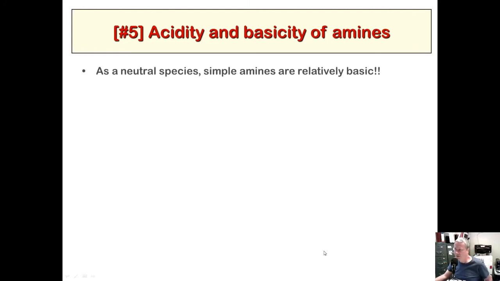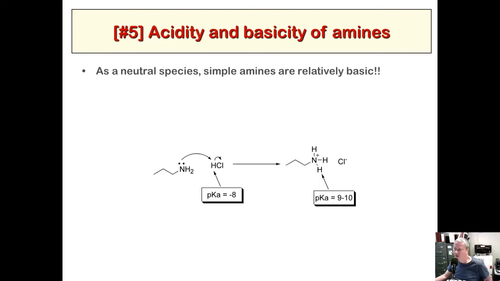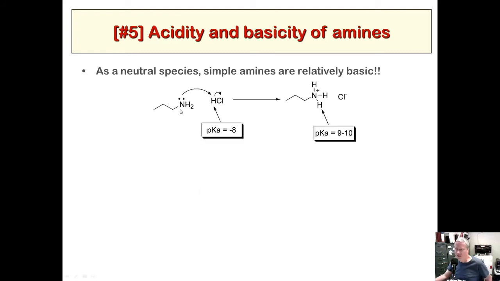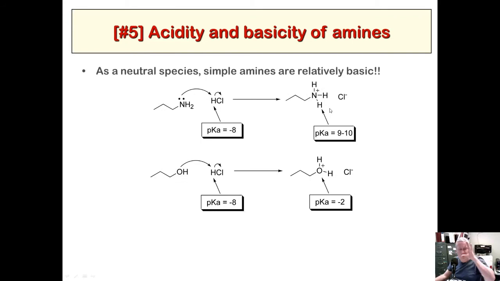As a neutral species, amines are relatively basic, okay? So if we think about an amine and hydrogen chloride or something, the amine will be pretty readily able to pull off that proton from HCl, and the pKa is about 9 or 10 for a normal amine. Okay, think about an alcohol. Do alcohols do this?